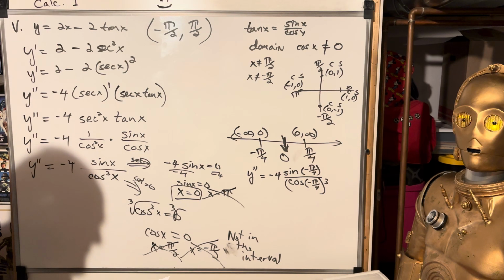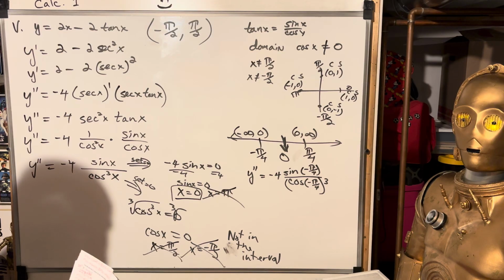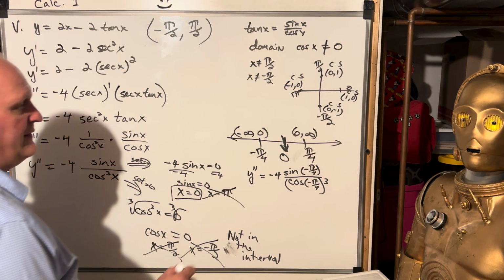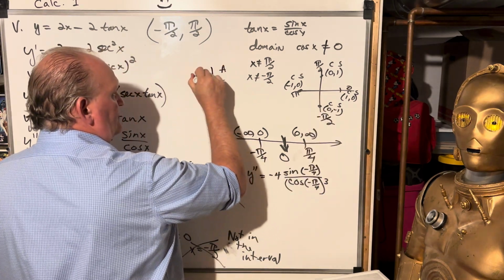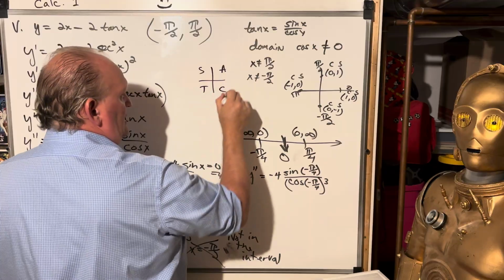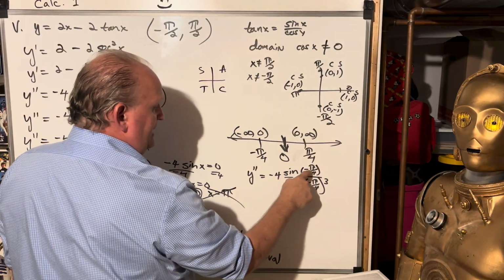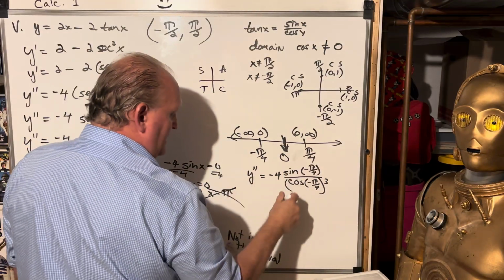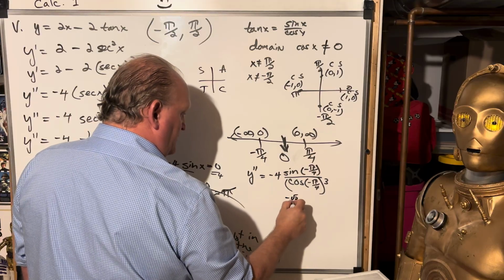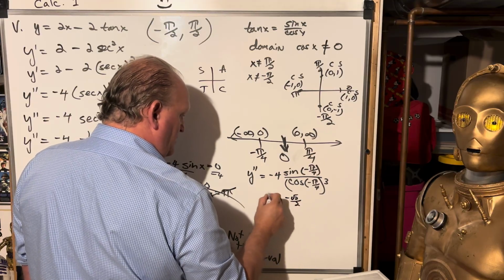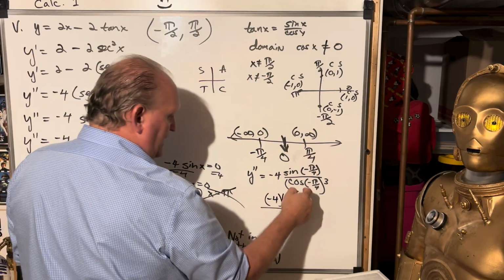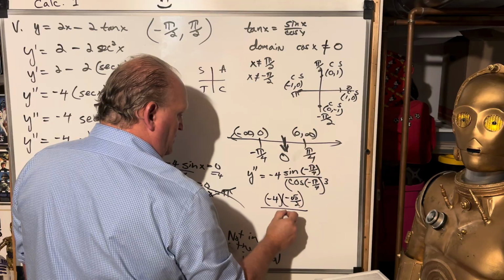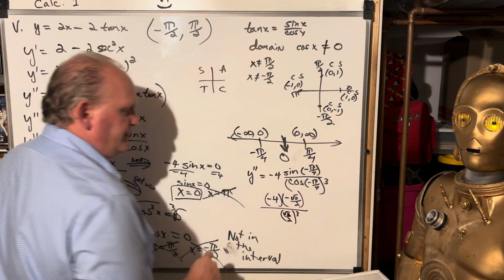All-star trig class, 45 degrees, negative 45 degrees. That's actually in this quadrant. And so the sine of negative 45, that's going to be negative square root of 2 over 2 times negative 4 divided by, and cosine, that's going to be positive square root of 2 over 2. And that's going to be cubed.